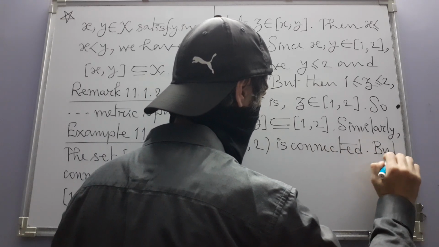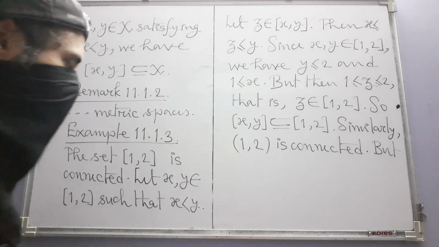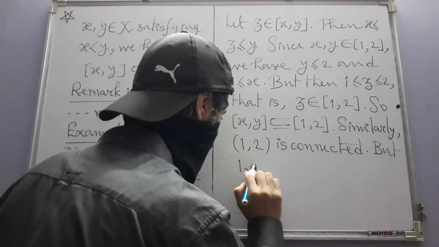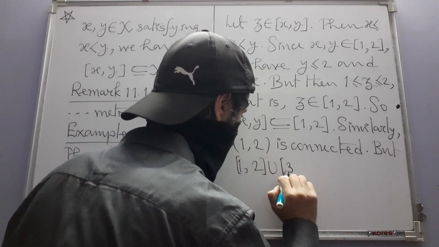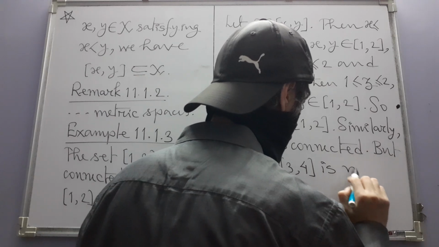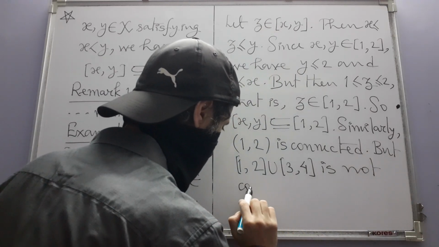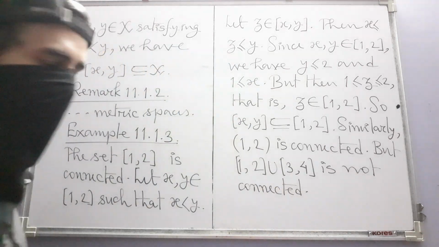But not all sets are connected. For example, this set, (1, 2) union (3, 4), is not connected. Why? What is the reason?